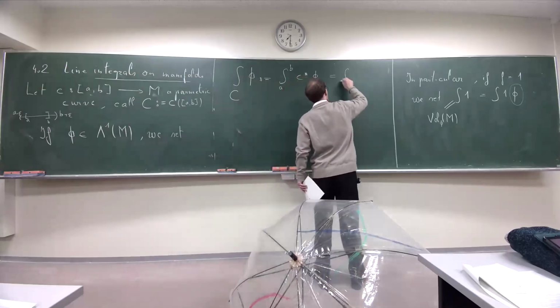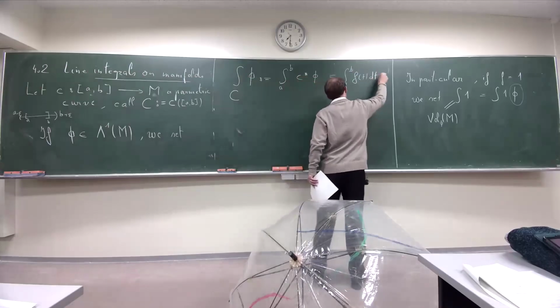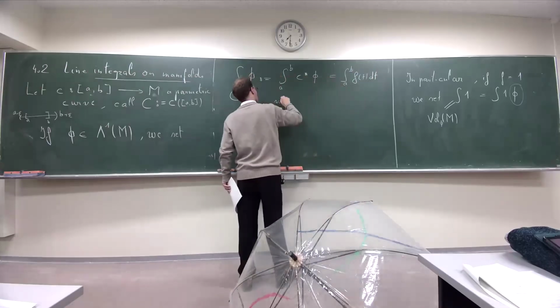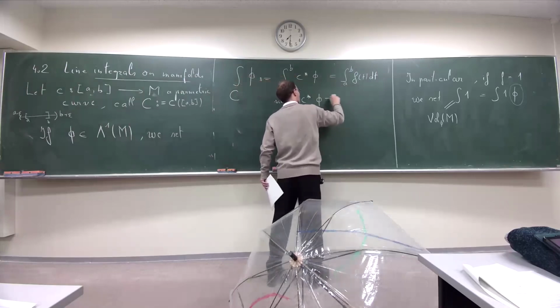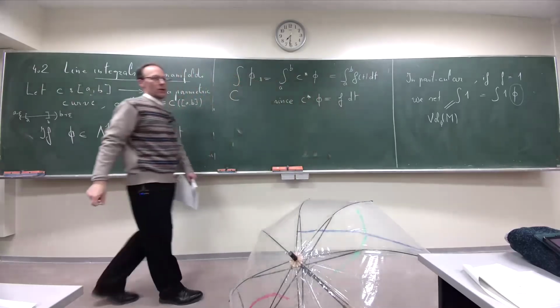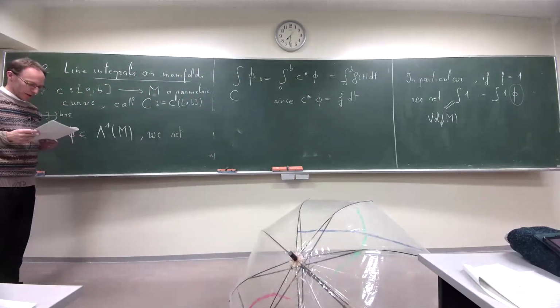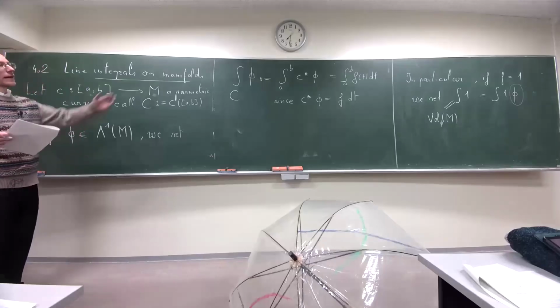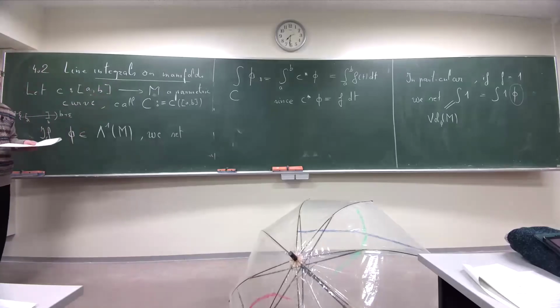In local coordinates, you would have f of it dt, since the C star phi is of the form f dt. It has a representation of this type. It's one-dimensional. So this line integral is again something that we shouldn't be surprised by.